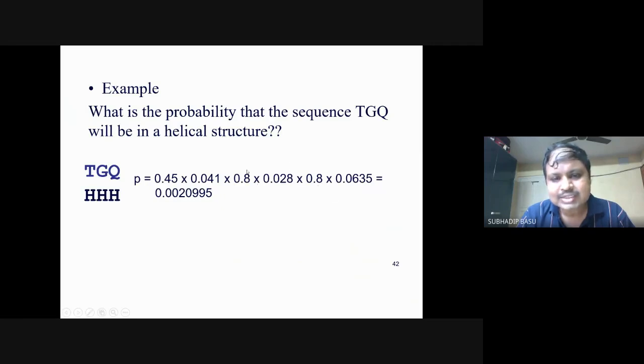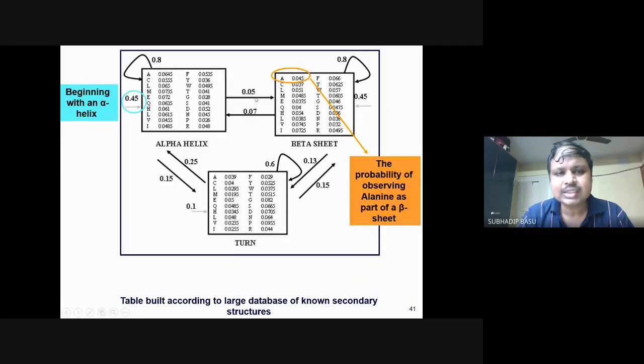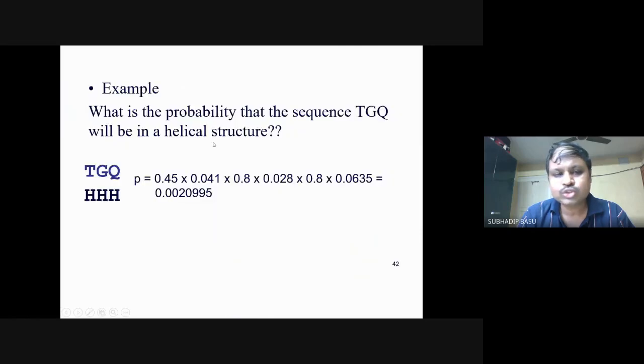In such a case, you'll have to estimate the transition probability of helix to beta sheet, which will be 0.05, and Q to be S is 0.04. So it will be 0.05 and 0.04, and you can estimate another value.